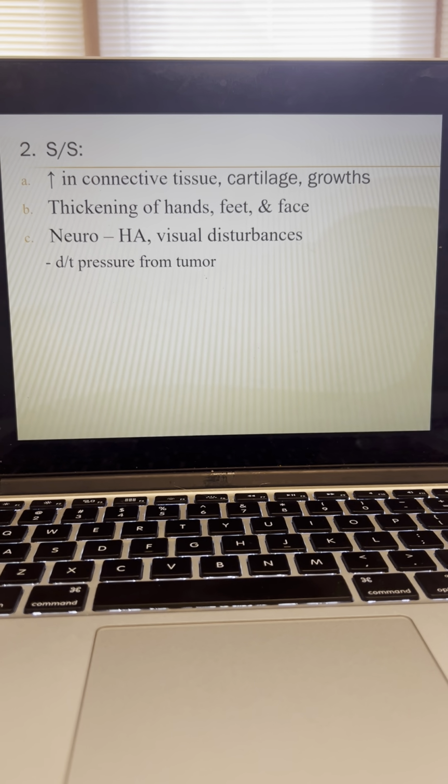Neurologically, they can have a headache and visual disturbances, and those really are not from excessive hormone, but from the tumor compression. So again, increase in connective tissue, cartilage growth and thickening of their hands, feet, and face. And then neurologically, they can have a headache and visual disturbances, and those are all due to pressure from the tumor.